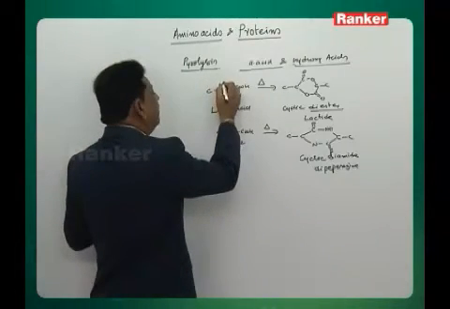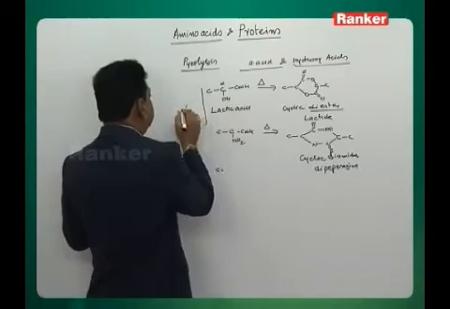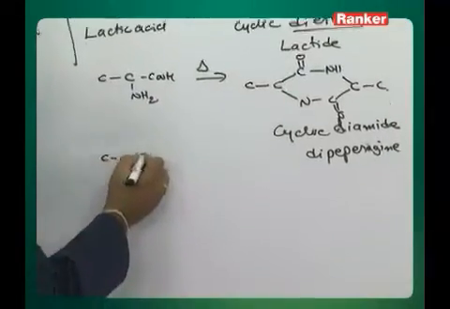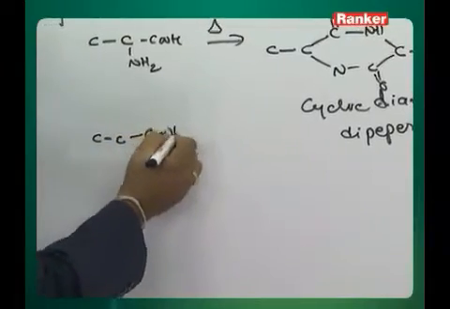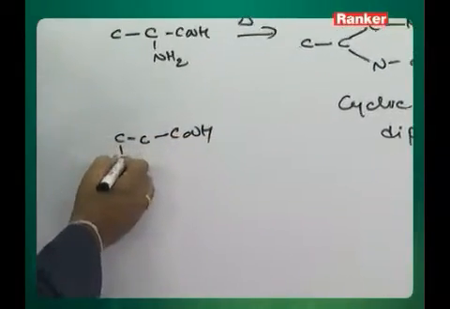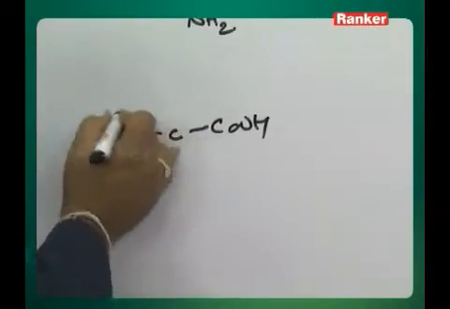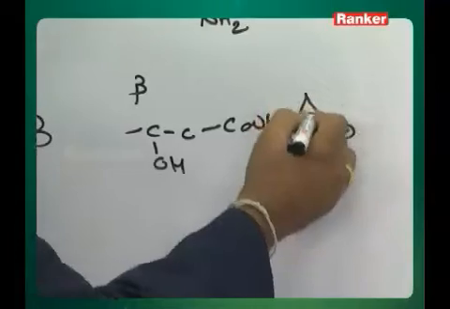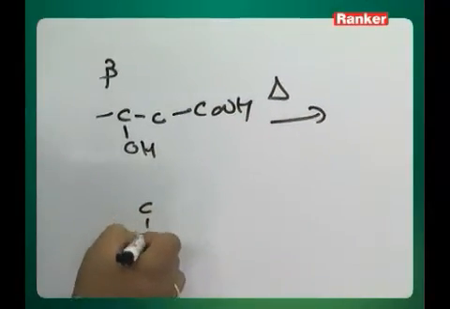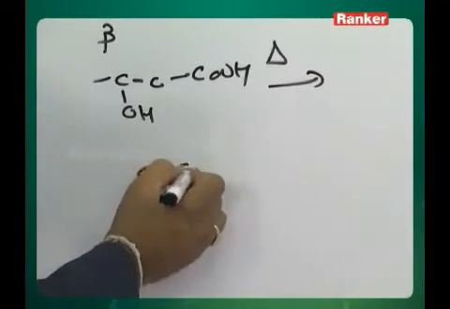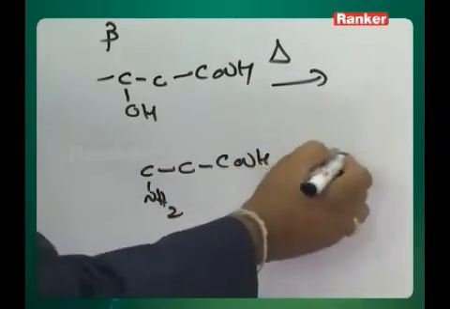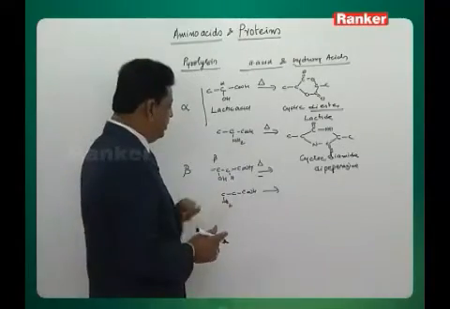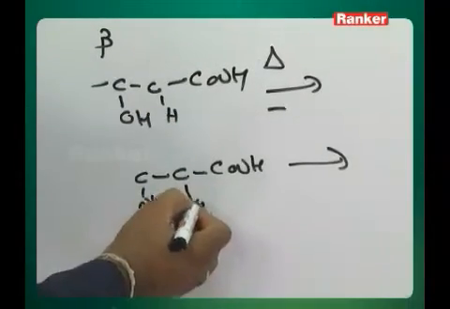The first case is alpha hydroxy, alpha amino. If it is beta hydroxy, that is COOH with the OH on the next carbon, it is called alpha beta. If a beta hydroxy acid is heated, both beta amino and beta hydroxy acids have a similar type of reaction. There is removal of HOH, because the hydrogen shows some hyperconjugation with the acid, the hydrogen here also.